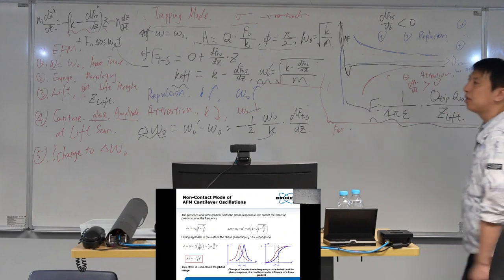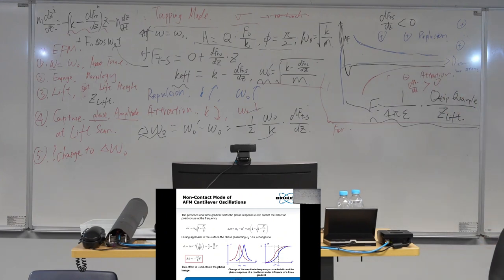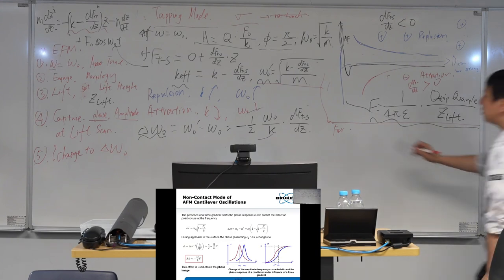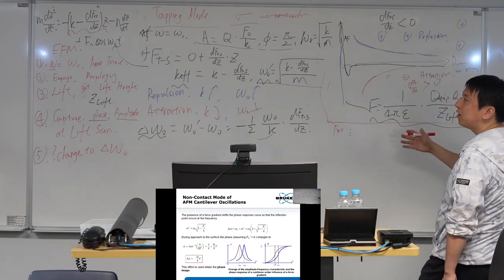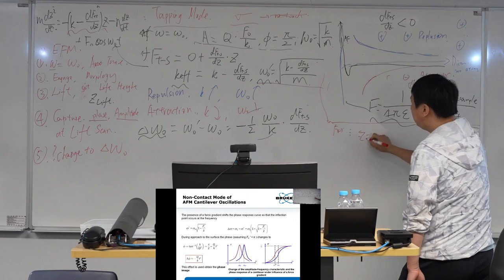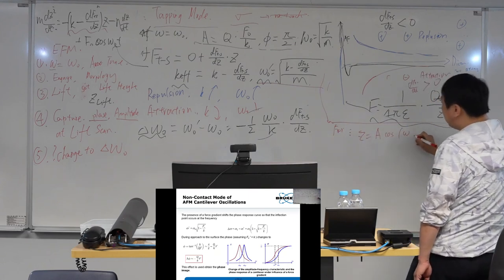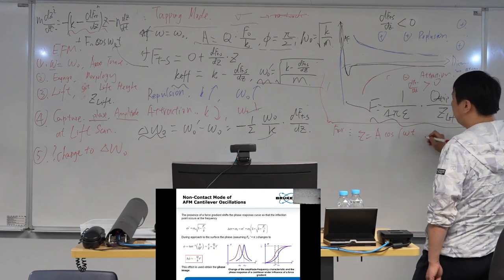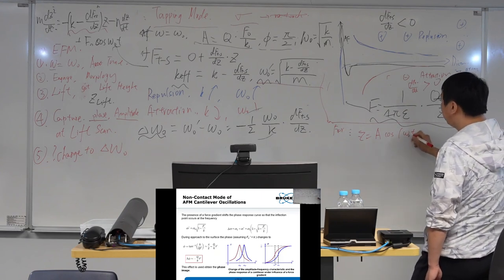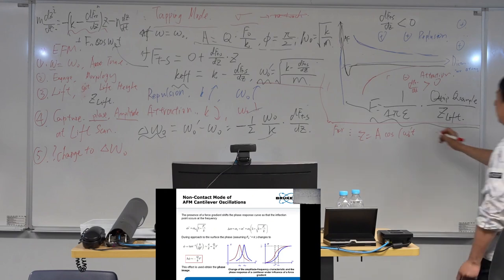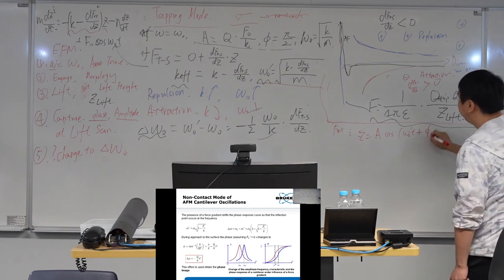Let's just, for example, for sinusoidal, I'm just using the cosine function. For example, we have a cosine function. We have z equals A cosine omega t. I'm sorry, I used omega 0 prime t plus phi.